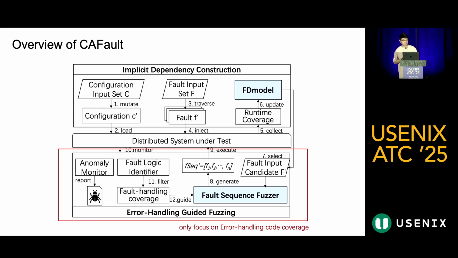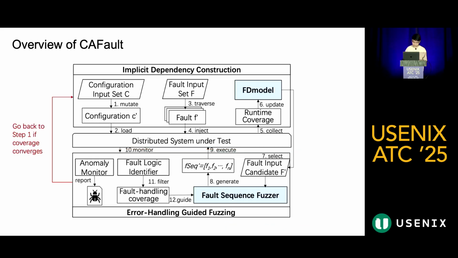Instead, CAFault takes a more targeted approach. It directly uses the code in fault tolerance mechanisms as feedback to guide fault injection, making the testing more focused and effective.